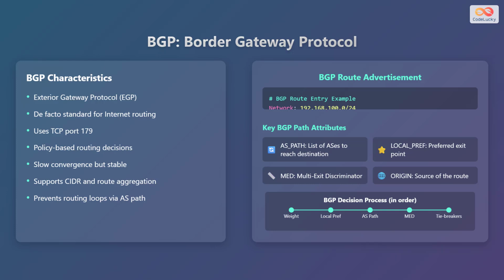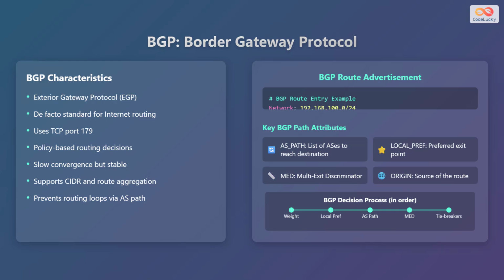BGP makes routing decisions based on policies, offering flexibility in network management. While it converges slowly, it provides stable routing across the Internet. BGP supports classless interdomain routing, or CIDR, and route aggregation, helping to efficiently manage IP addresses. It prevents routing loops by using the autonomous system, or AS path attribute.